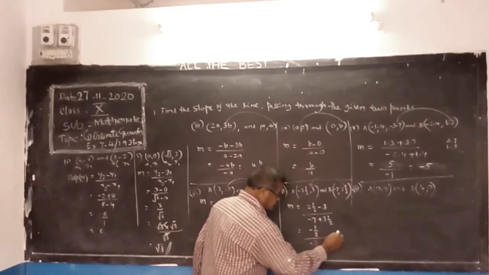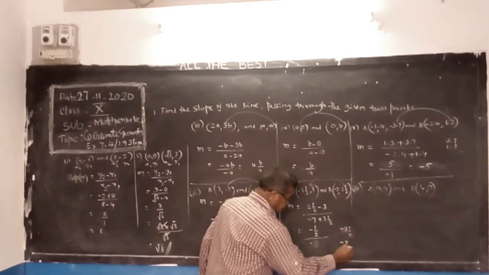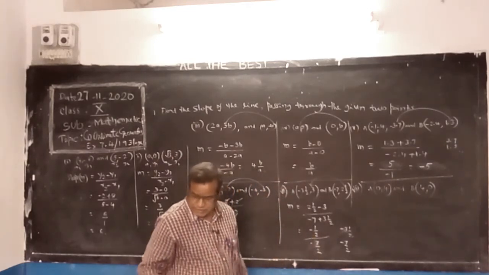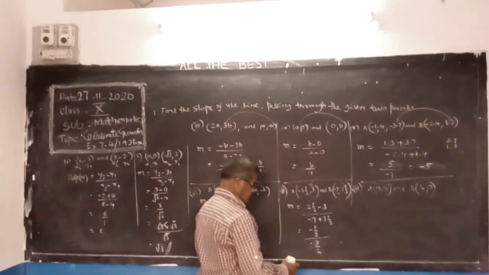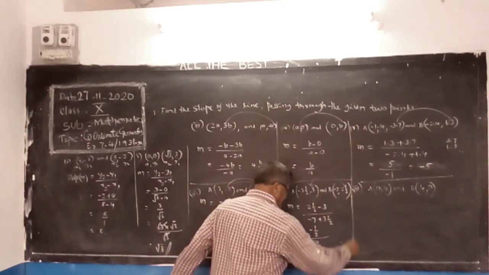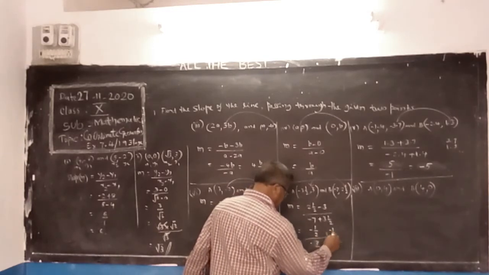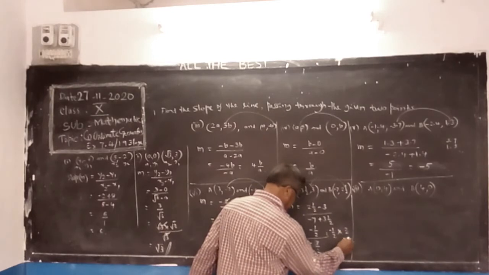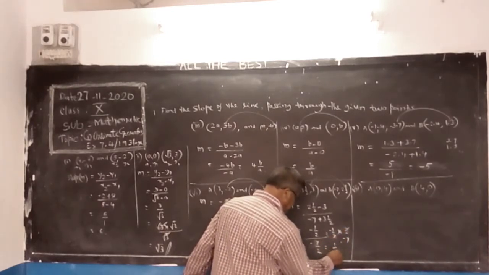Minus 3.5 means minus 7 by 2. Minus 1 by 2 by minus 7 by 2 becomes 2 by minus 7. 2 cancel, minus minus cancel, 1 by 7.